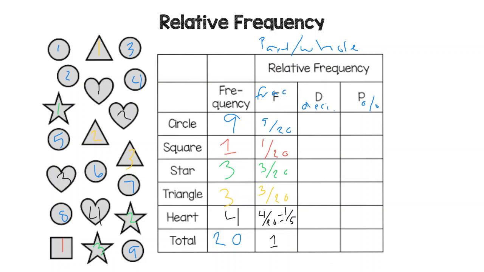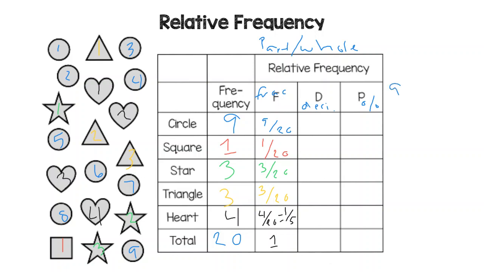Now the next thing we're going to do is change these fractions into decimals. If you remember, in order to change a fraction into a decimal, we have to divide. So on the right-hand side, I'm going to start dividing. I'm going to look at my circle first.